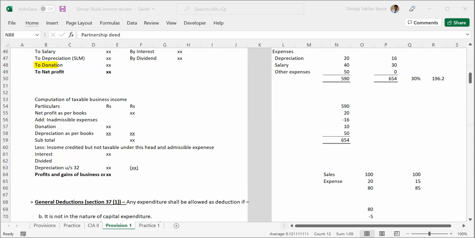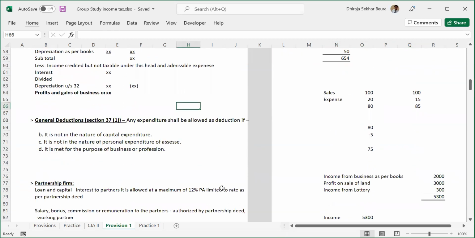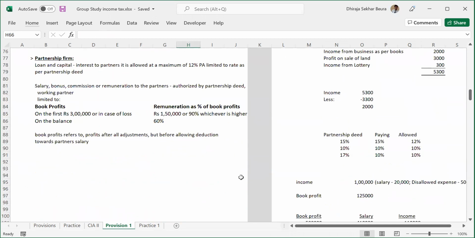And the balance gets the remaining 60% of the balance. Perfect, 60% is the correct answer. If your book profit is less than 3 lakhs, you will not go to the second category. We practiced a lot of questions on that also.